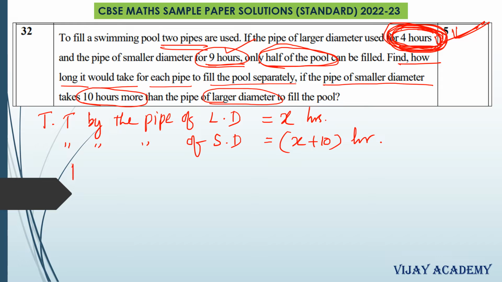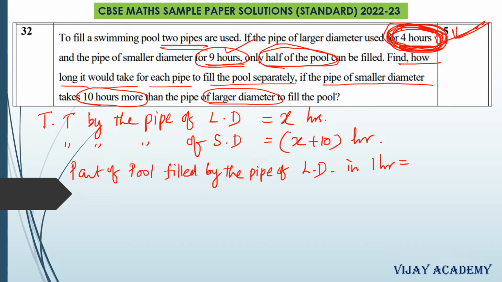So let me write, part of the pool filled by the pipe of larger diameter in 1 hour equals 1 by x. So the time taken by the pipe is x hours. If the time taken by the pipe is x hours, then part of the pool filled by the same pipe is 1 by x in 1 hour.